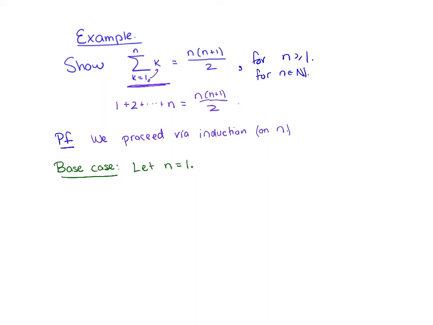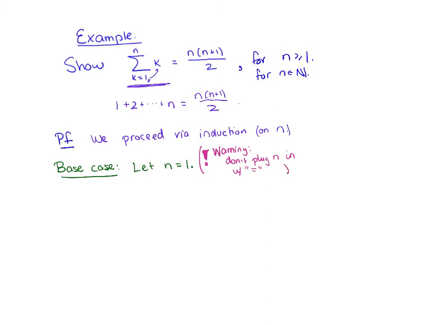And now the big thing that I have to be careful about here is that I don't want to just plug n into both sides. So we'll put a little warning. Don't plug n in with that equals sign still there, because I don't know that they're equal.